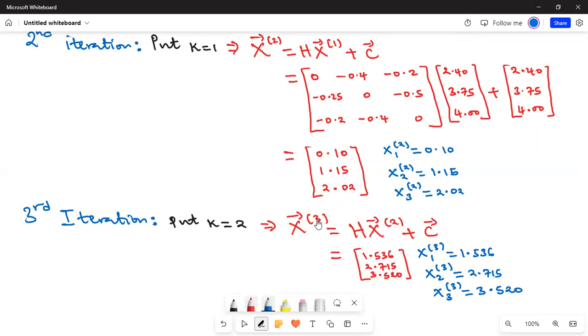So it means that this is the approximate value of x1, this is x2, and this is the approximate value of x3.